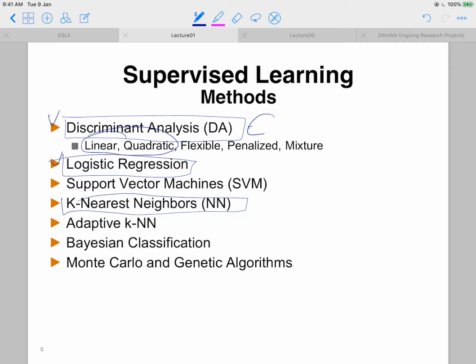Okay, so we discussed some different classes of machine learning methods, whether they are parametric or non-parametric.